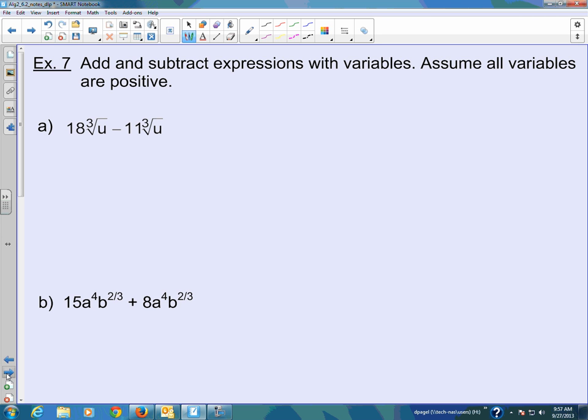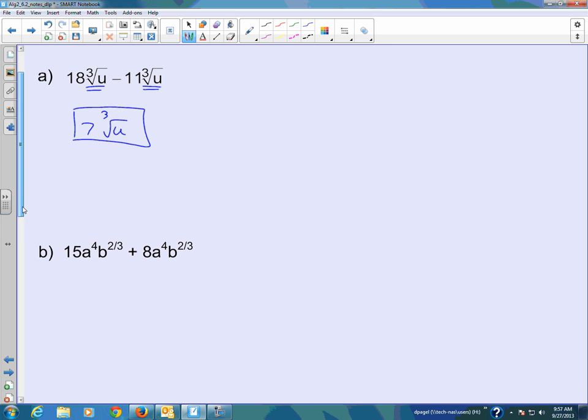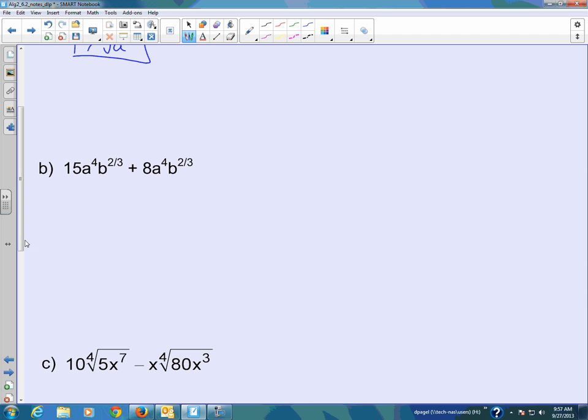simplifying. I've got situations with radicals, just like with exponentials. We've already talked about they're the same. Have like terms. So 18 minus 11 cube roots of u gives me 7 cube root of u for this example here. And once again, do I see the same thing?